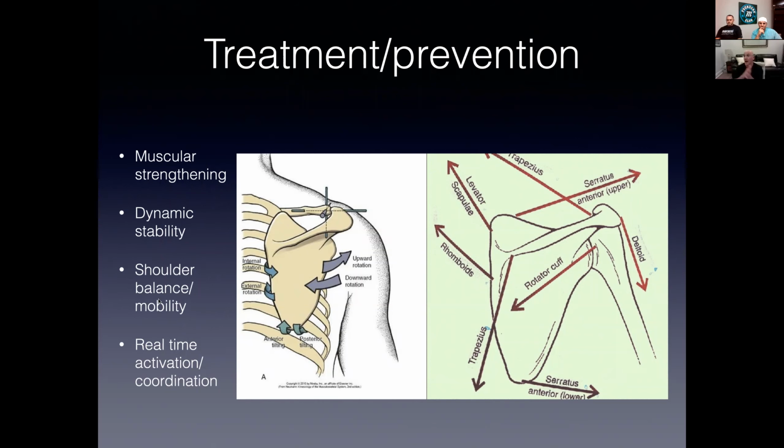Another aspect, and this is kind of higher level stuff, is that not only do we have to have balance, but we have to maintain that balance as we're doing a high velocity, kinetic, multi-joint movement. And that's where repetition, coaching, and visual cues all play a dramatic role. But we're going to talk a little bit about these three things here.